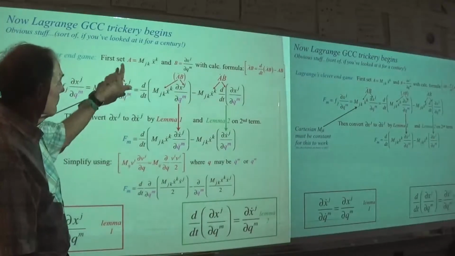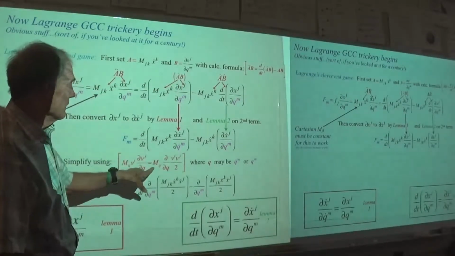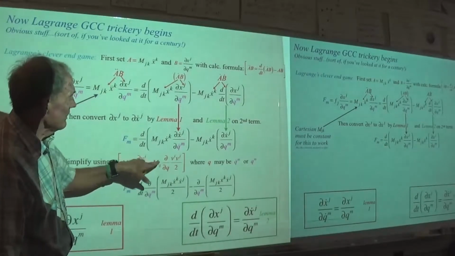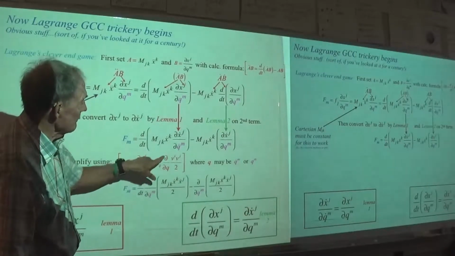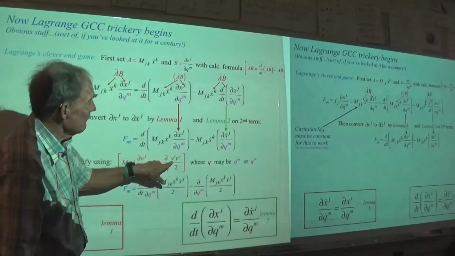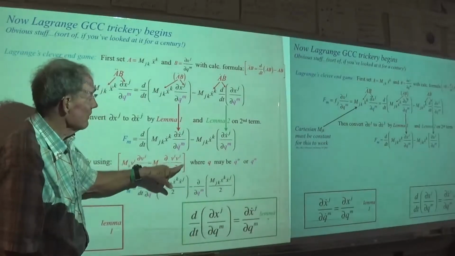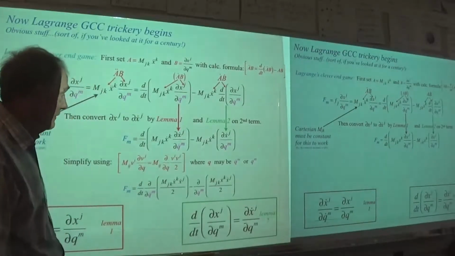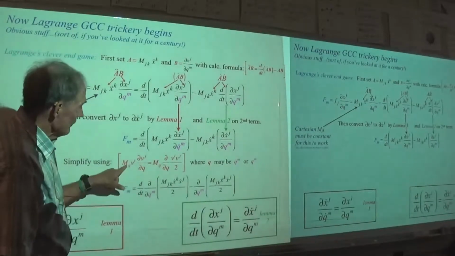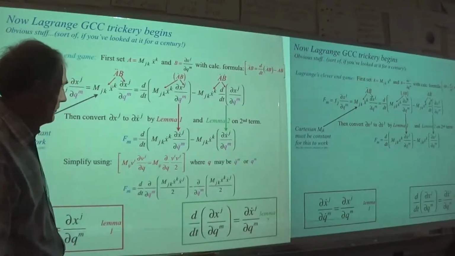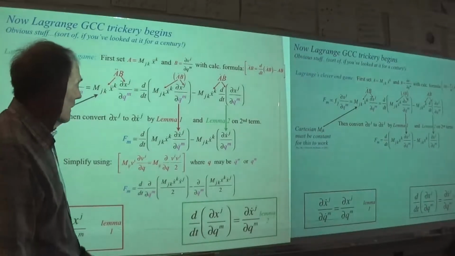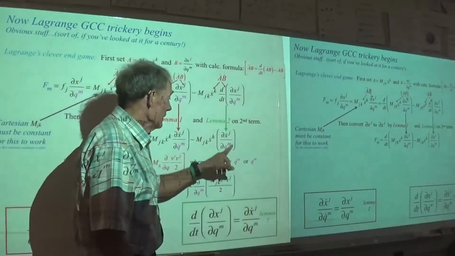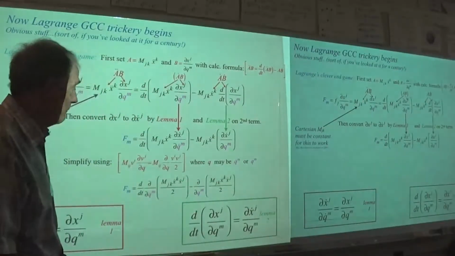And here's just sort of writing that equation here. I'm writing it out with a little v in here for the x dot. So I'm noticing that the partial derivative with respect to the coordinate of v squared over 2, that's the kinetic energy velocity factor, is this. Okay, that's the neat thing. And where q may be either q dot or q, depending on whether you're looking at this one or this one.